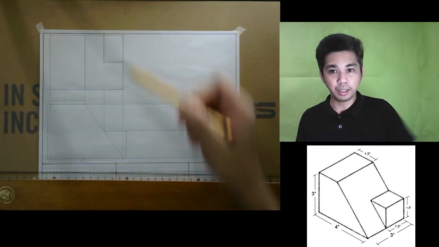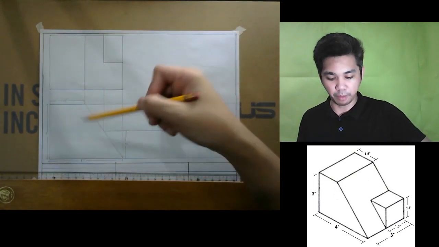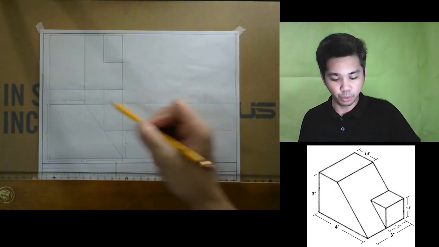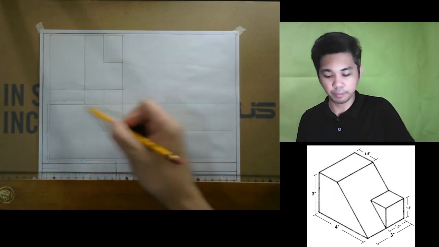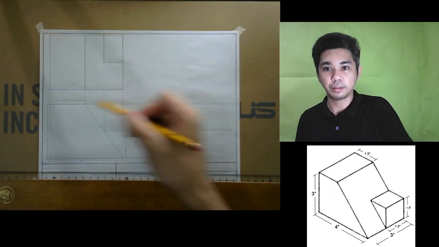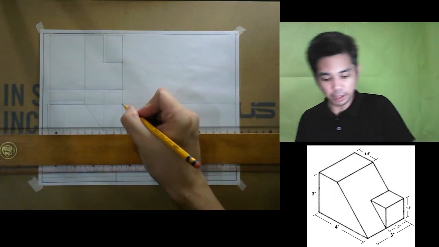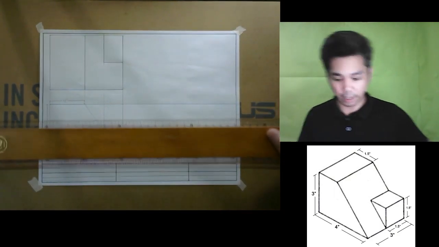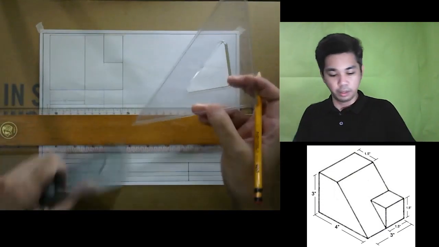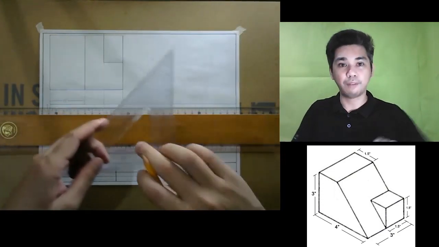After projecting lines from the front view to the top and the right side view, you will actually create a square or a rectangle. Now from the corner of that rectangle, you have to project a 45-degree line.